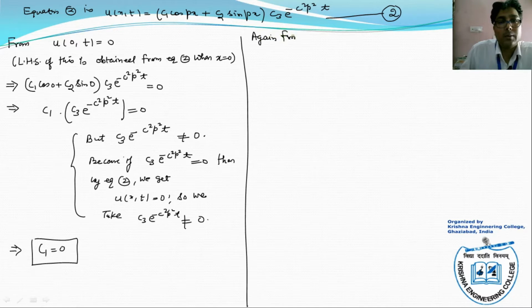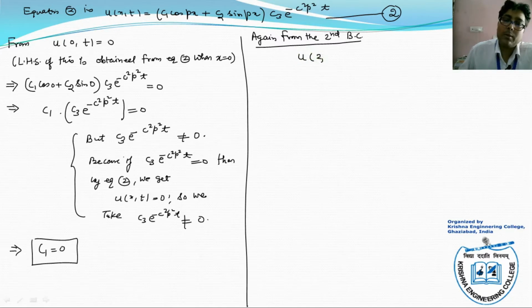Again, from the second boundary condition, this is u(2, t) is equal to 0.